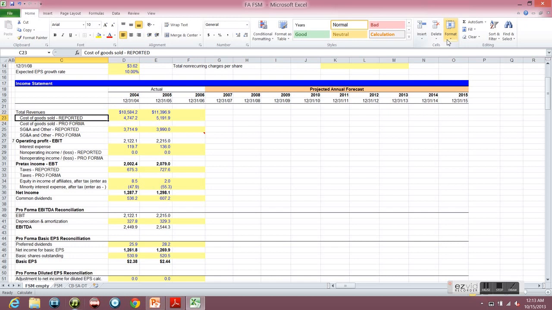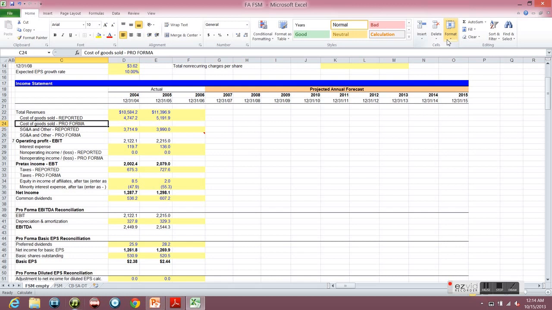Cost of goods sold is the cost to produce the products you sell. Each product has some manufacturing overhead considered in it, and also some fixed costs and some variable costs. Altogether, that is cost of goods sold, and you subtract it from your revenues to get gross profit.